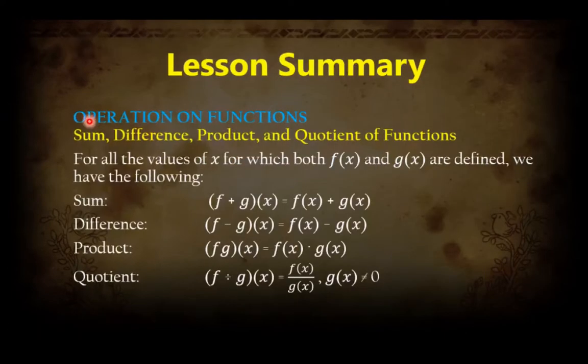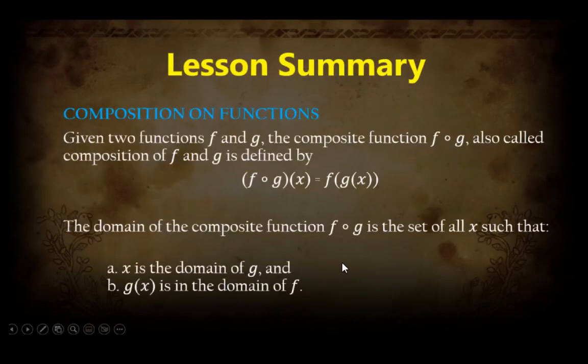Also, we operate the functions. We use the sum, difference, product, and quotient of functions. These are the representations that we will be using as a guideline in our operations on functions. However, the quotient in this special case cannot have a denominator equal to 0, because if the denominator is 0, it is undefined. Lastly, we tackled the composition of functions.